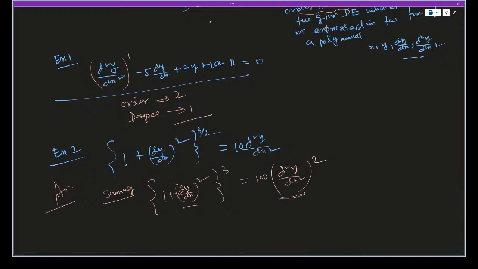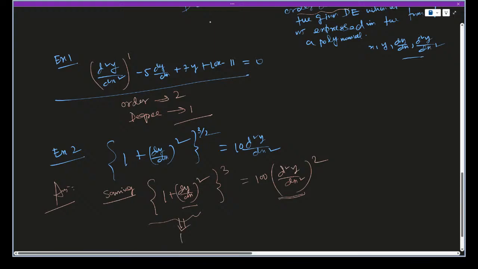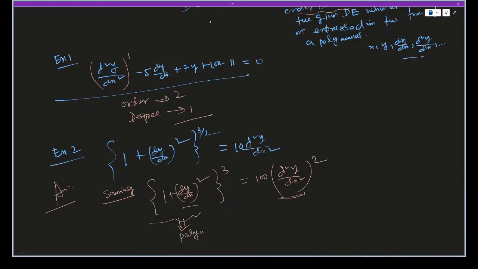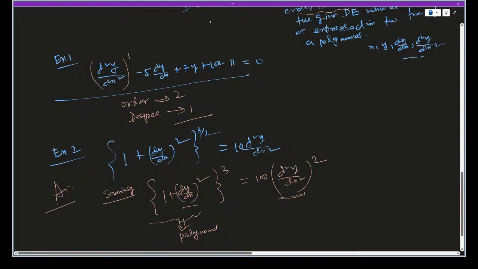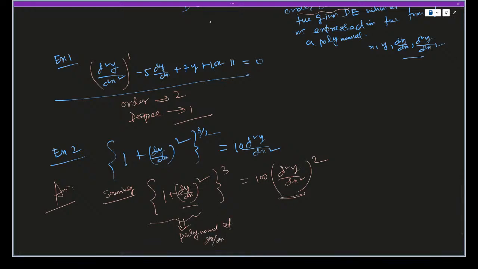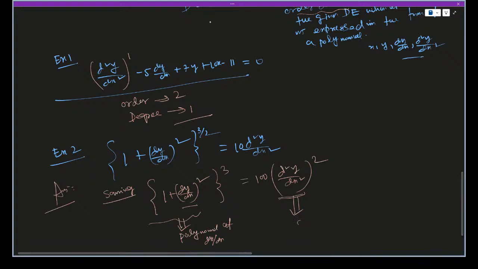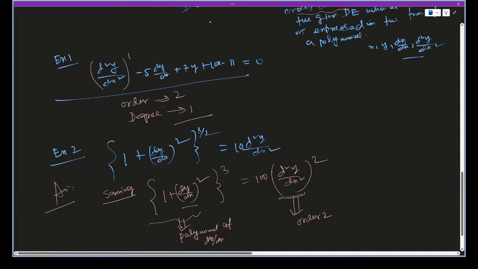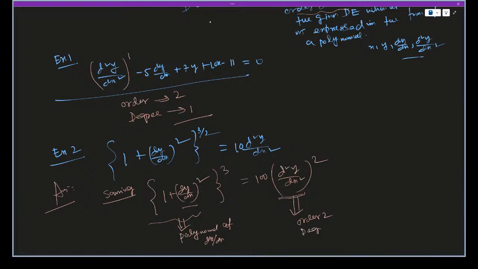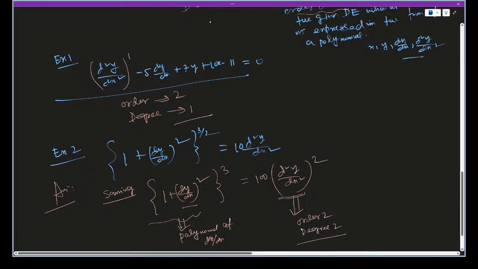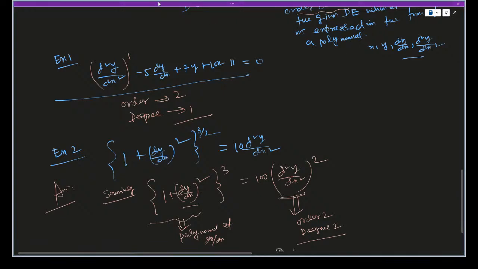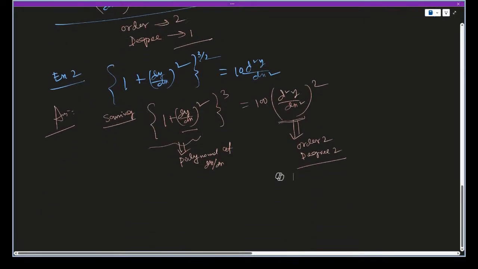Now if we expand, we will get a polynomial of dy by dx or its square. In this case, the highest order derivative is there and its index is 2. So we will see that order 2 and degree 2. Okay? This order and degree you have to state in many cases.